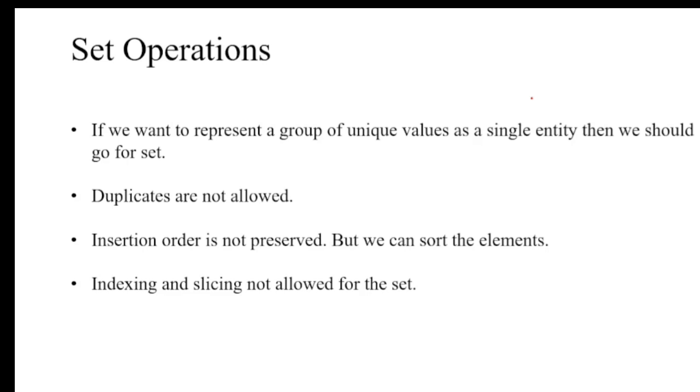So how do we create the set? Let me have a variable, and I say this is my set. To create a set, we use curly braces. These curly braces are the ones that we use to create our sets.